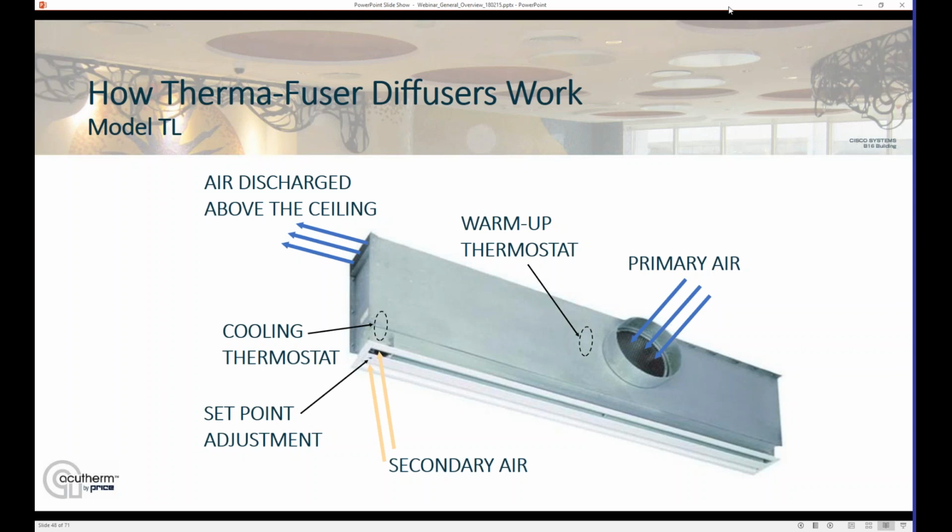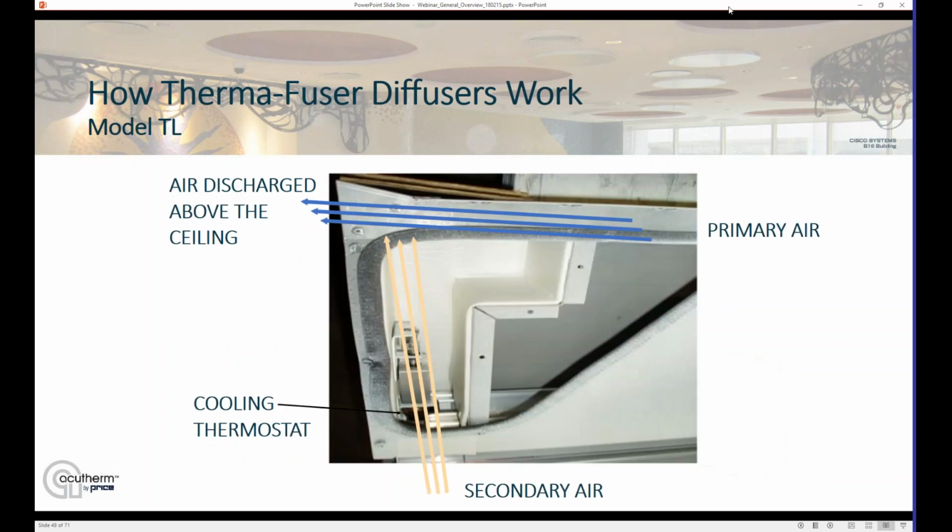And then built into one end of the unit is a chamber where there's a nozzle built into that chamber that blows some of the supply air just out the side of the unit there in the upper left of that photo, drawing the room air up into that chamber in the bottom of the photo and over the room side thermostats. So that's how the room air is drawn into this particular unit.